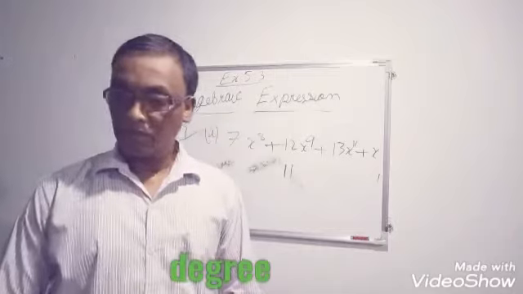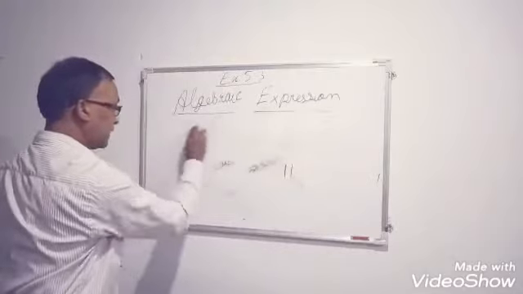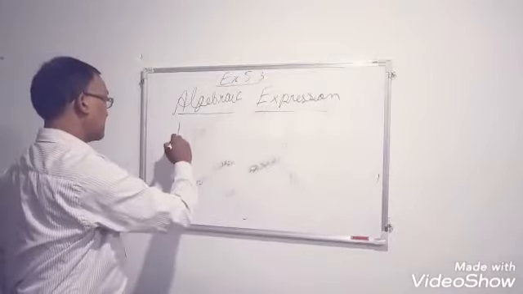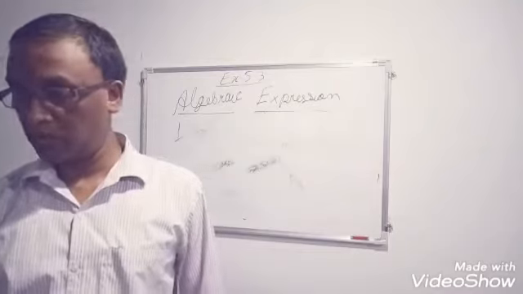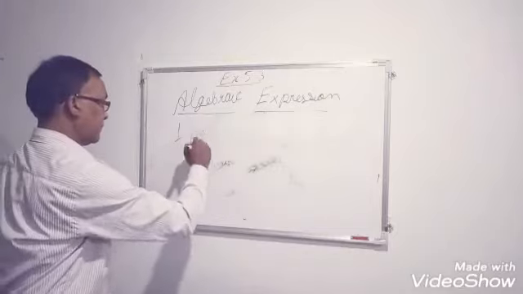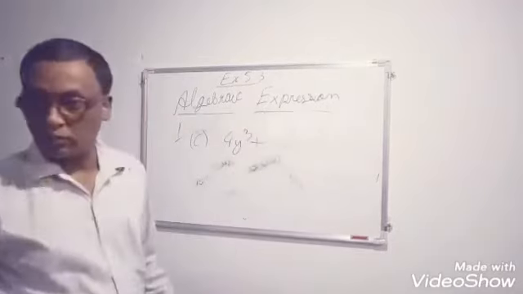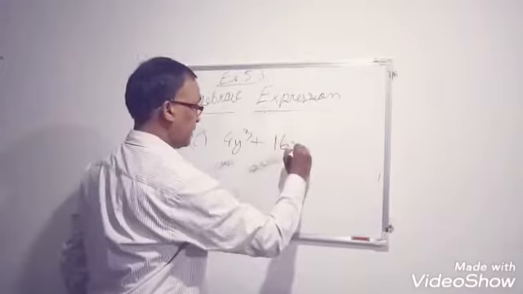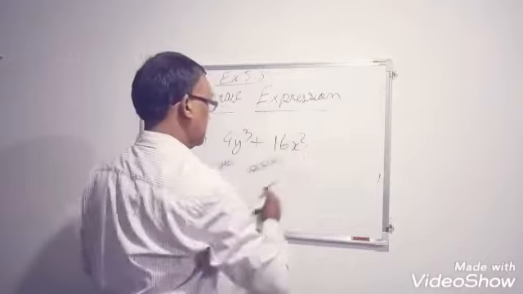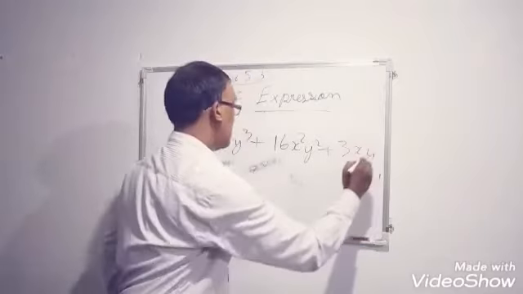Same way, now before I proceed with question number 2, if I do another sum, question number C, 4y cube plus 16x squared y squared plus 3x squared.